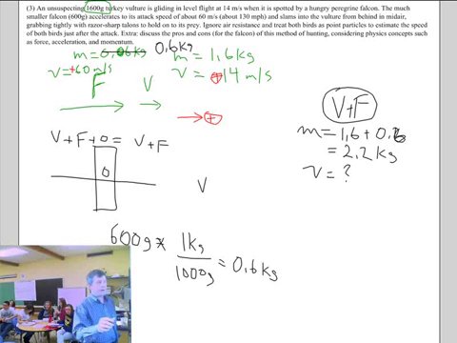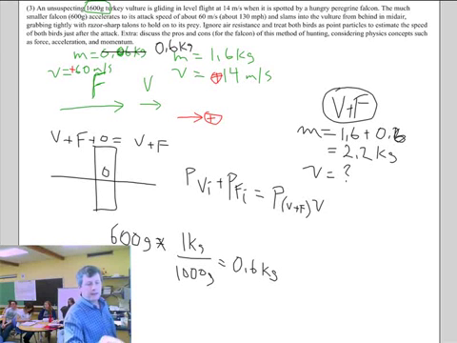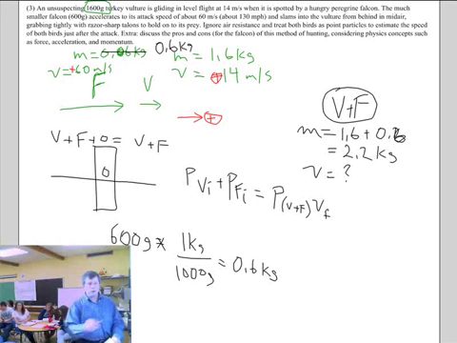So to go from bar chart to math, the momentum of the vulture plus the momentum of the Falcon equals the final momentum of vulture plus Falcon times the velocity. Okay, let's substitute these out.